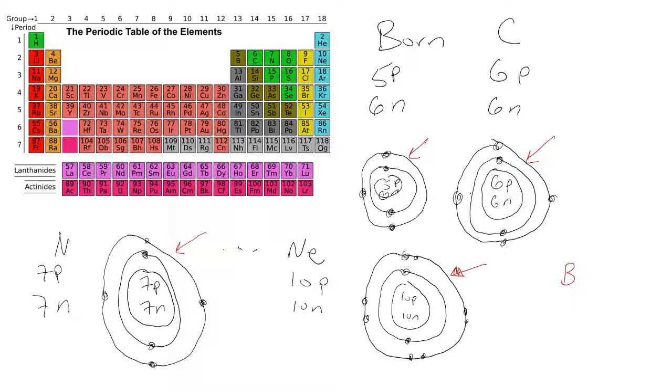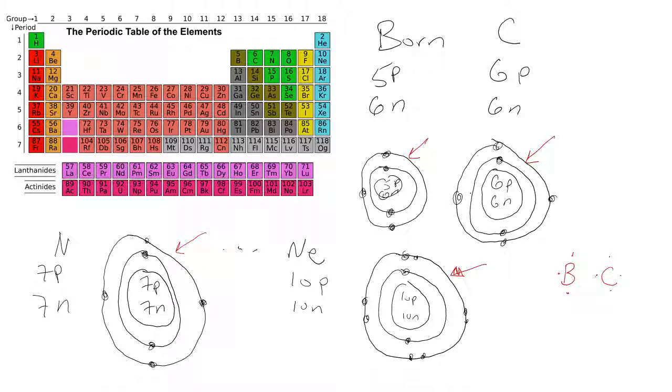It doesn't matter where you put them. 1, 2, 3. And there's your Lewis dot structure. For carbon, we look at the outermost shell. We have 1, 2, 3, 4 valence electrons. So we go 1, 2, 3, 4. And there's a Lewis dot structure for carbon.